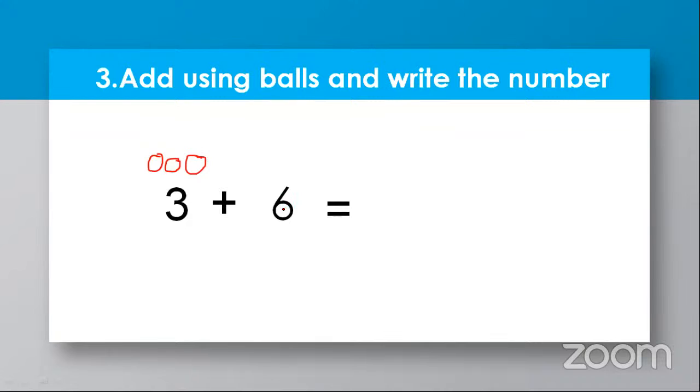Someone tell me how many balls am I going to draw for number 6? 6 balls.